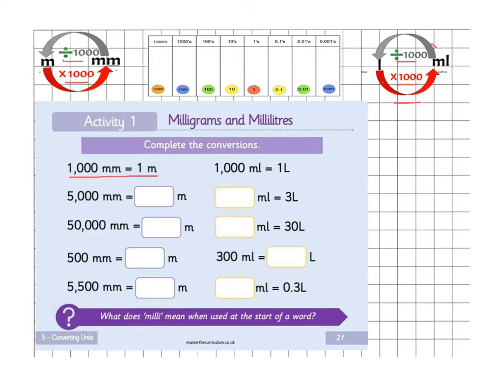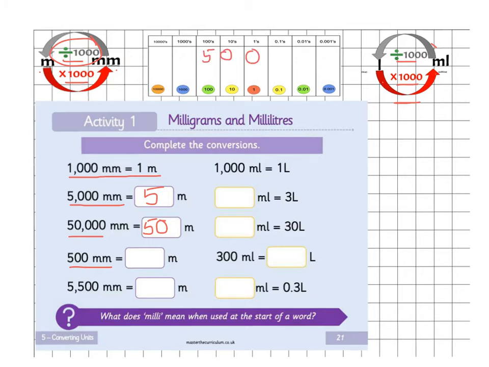So 1,000 millimetres is 1 metre. Therefore, 5,000 millimetres would be 5,000 divided by 1,000, which would be 5 metres. So 50,000 divided by 1,000 would give me 50 metres. 500 millimetres in metres, I might use my place value board, write 500.